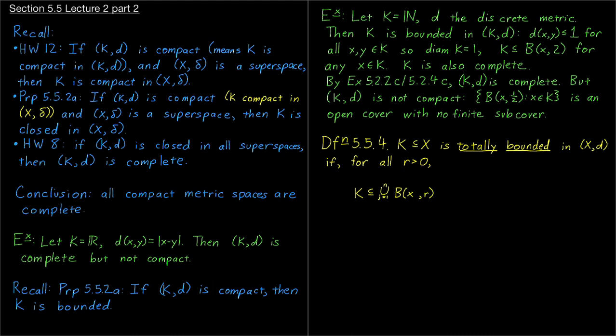So totally bounded means you can always fit K inside finitely many balls of radius r, possibly a very big number of balls if r is small, but finitely many.